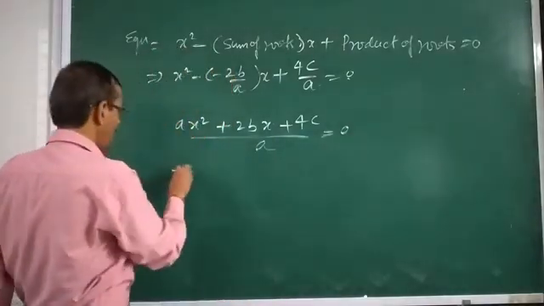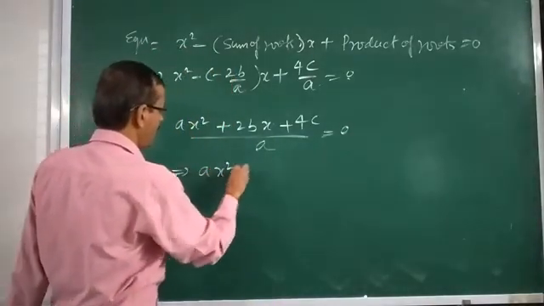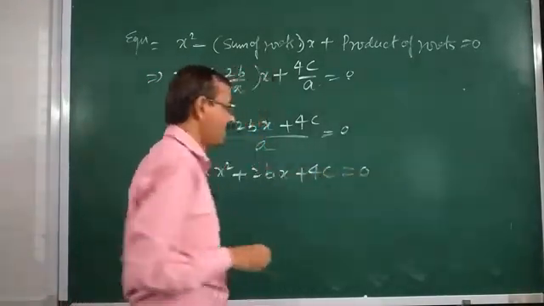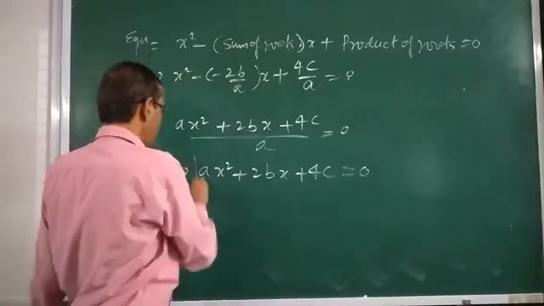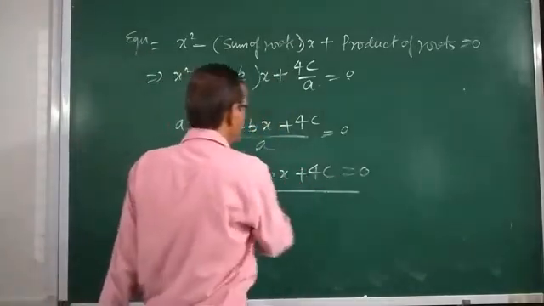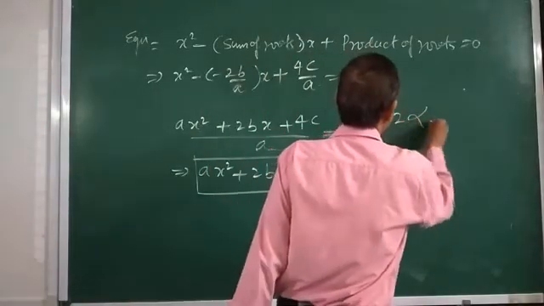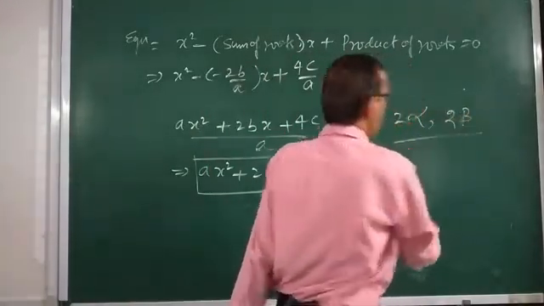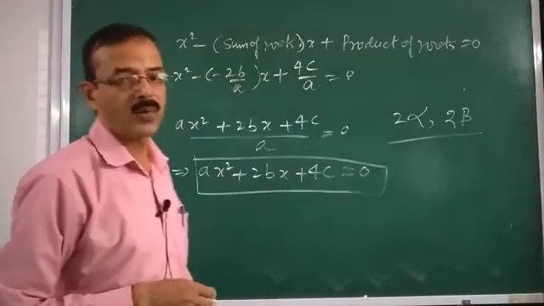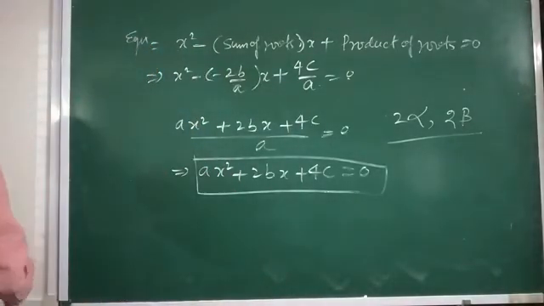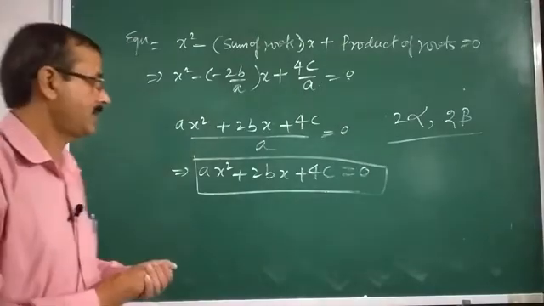So it can be written as ax square plus 2bx plus 4c is equal to 0. This is the required equation with the two roots 2 alpha and 2 beta. So this was the method to form the equation using the formula. Hope students all the concepts are clear. Thanks all of you for today.